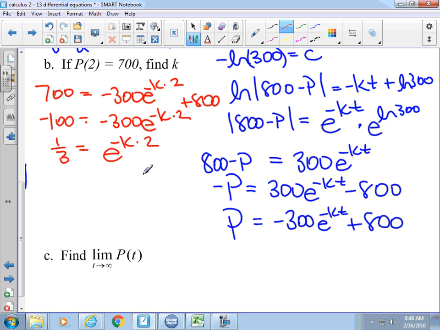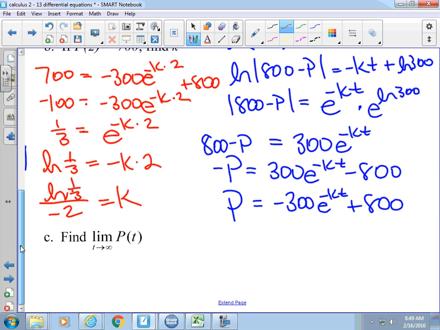And by the way, not all differential equations are this complicated. This one had a lot going on. Natural log of a third equals negative k times 2. So natural log of 1/3 divided by negative 2 is k. If this is a non-calculator problem, I'll leave it like that.